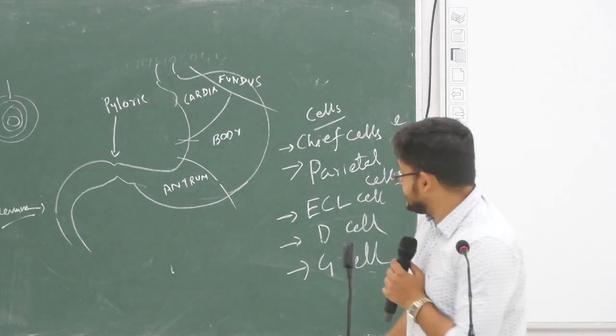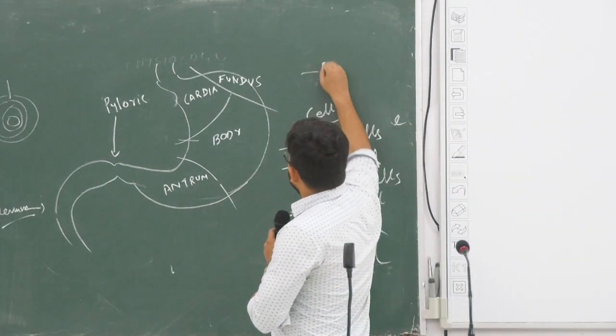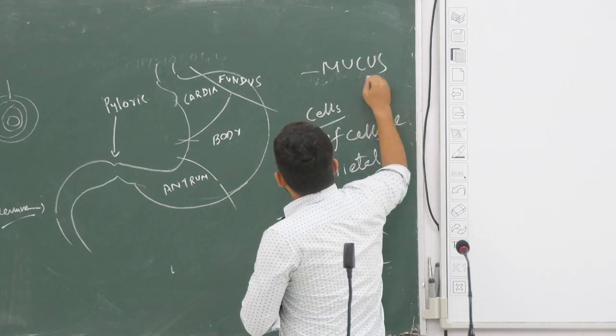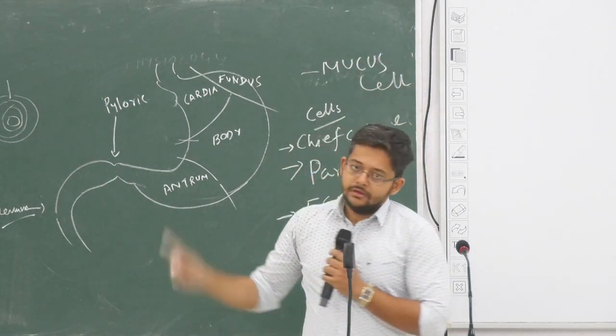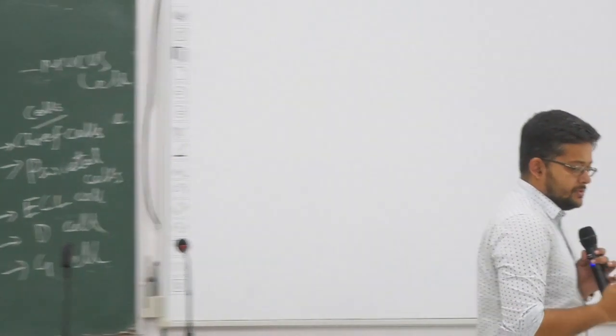Anything I missed? Mucus cells. Okay. লিখে নাও, কিছু প্রশ্ন থাকলে করো। These are the usual 6 cells, আরো আছে, বাট আমরা যেহেতু শুরু করছি we just have to go through like that. 3টা টাইপের gland, 3 types of glands and 6 types of cells.